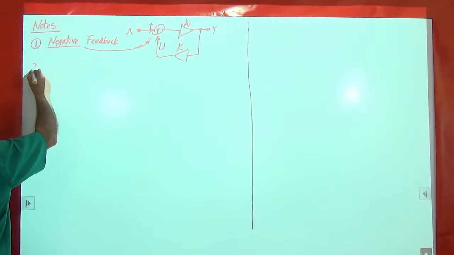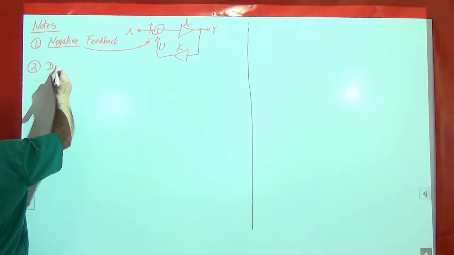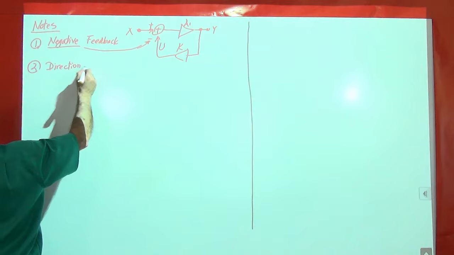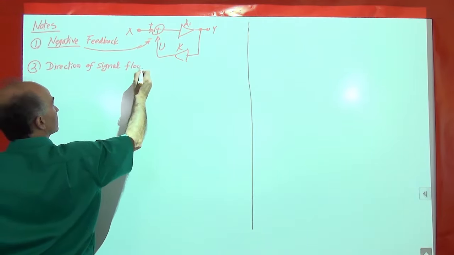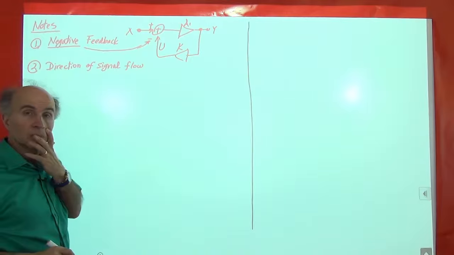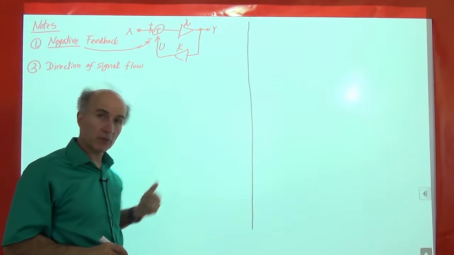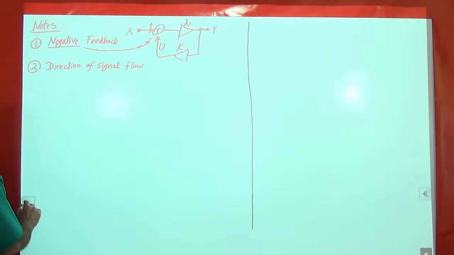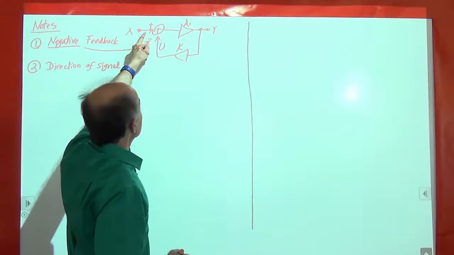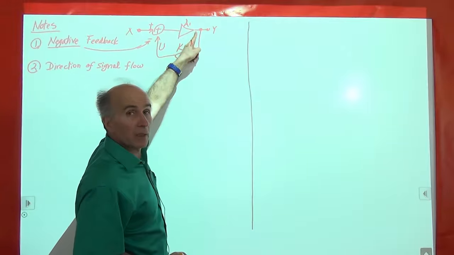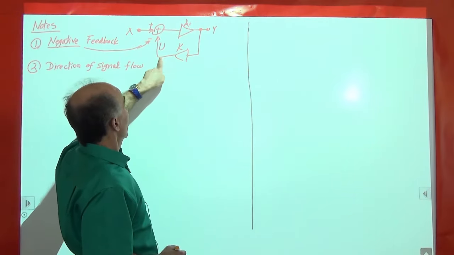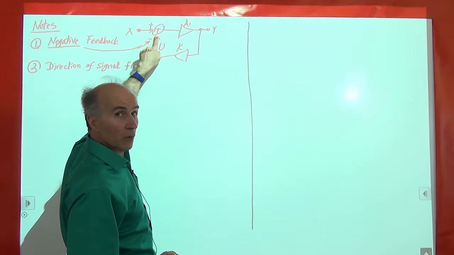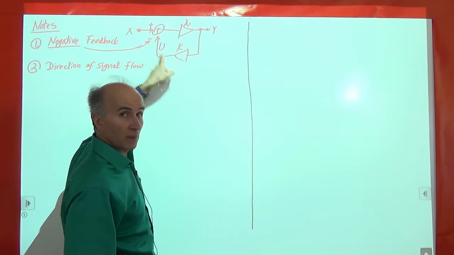All right, number two, a direction of signal flow. So there's an implicit assumption here, and we just need to be aware of that and remember that in the future. The assumption is that there's a signal going through A1 this way, and then coming back through the feedback network this way, and then getting subtracted from X. So in a sense, we're assuming that the signal is flowing in this direction, right?